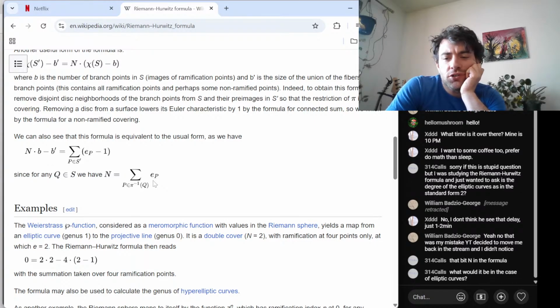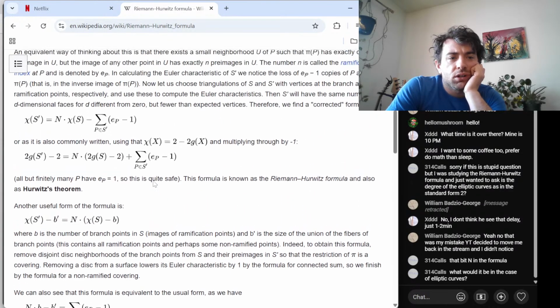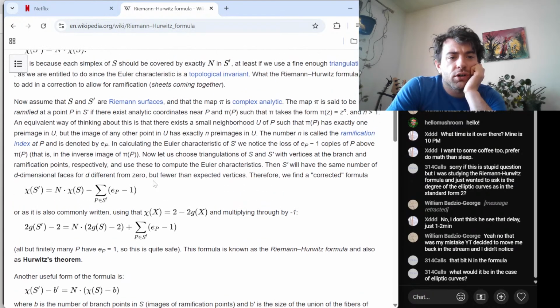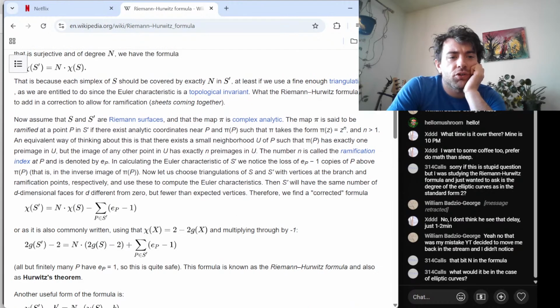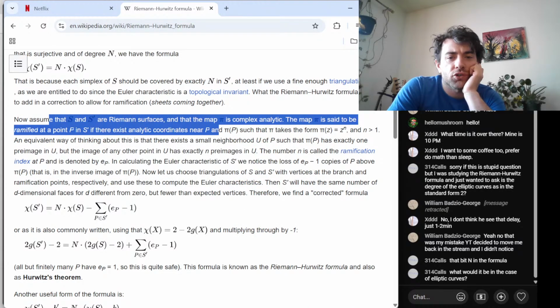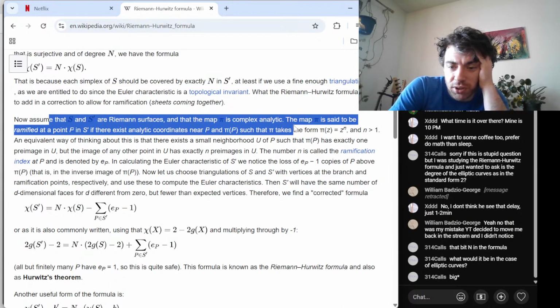Well, but I mean, this is a relative formula. So you mean in the case where you have one elliptic curve over another? Because this is a relative thing, right? So we assume that S and S prime are Riemann surfaces. So you're assuming that this is an isogeny of elliptic curves or something?